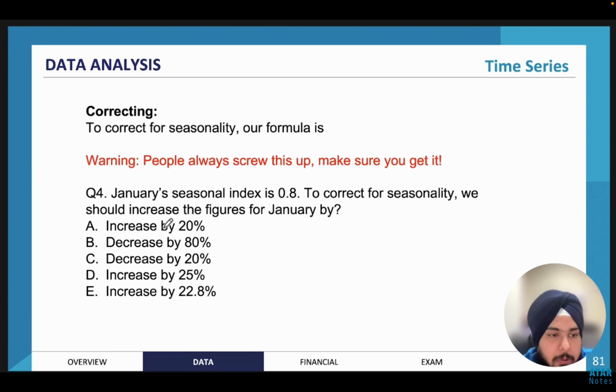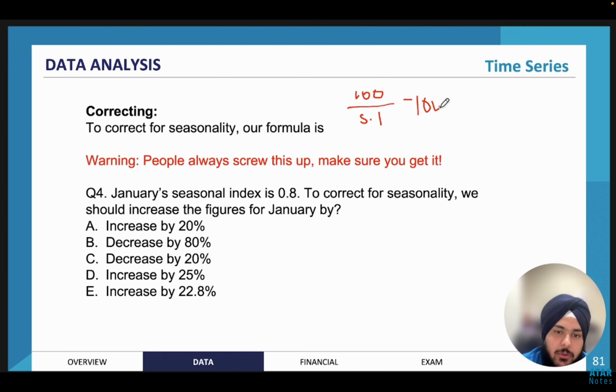And now in terms of correcting for seasonality, we have a formula. Correcting for seasonality is where we have a particular value but we want to correct it: what if there was no seasonal variation? What would that value be? The way you can do it is 100 over seasonal index minus 100.